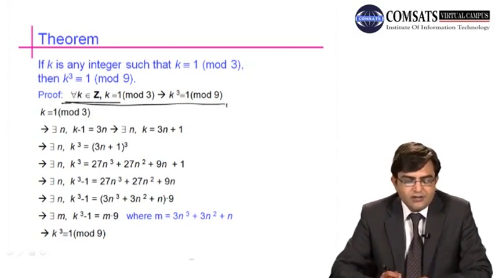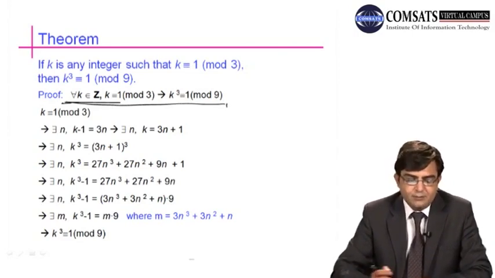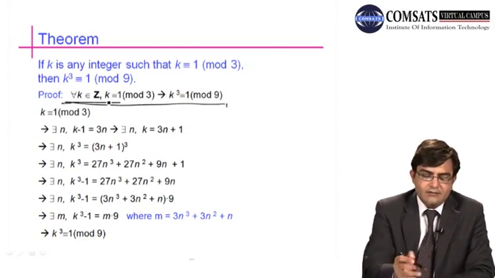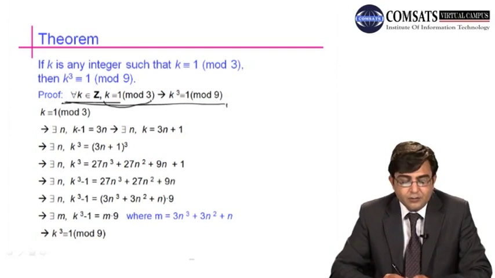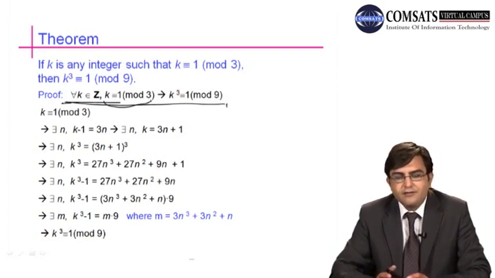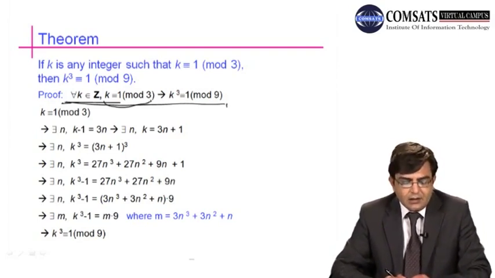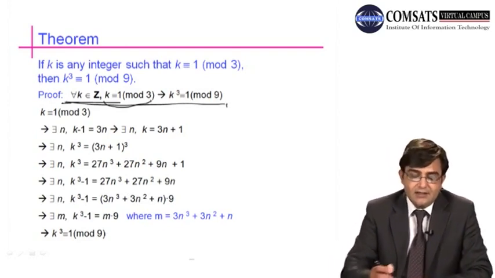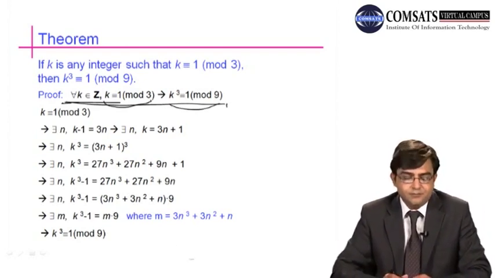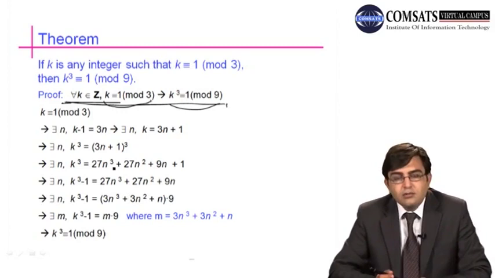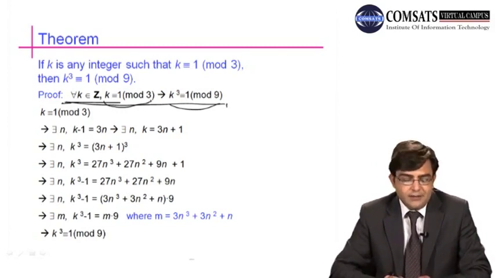Now we suppose the hypothesis of the conditional statement is true, and we have to prove, using already existing mathematical results, that the conclusion is true. So we suppose that k is congruent to 1 mod 3.